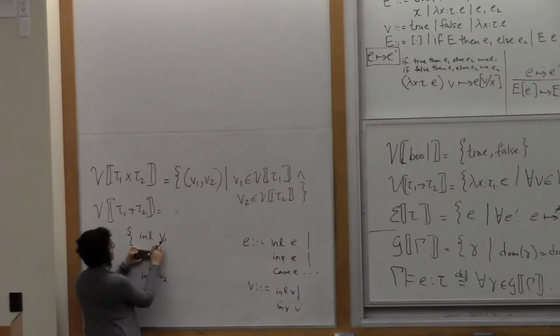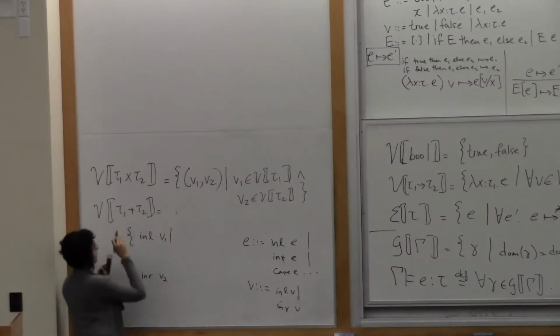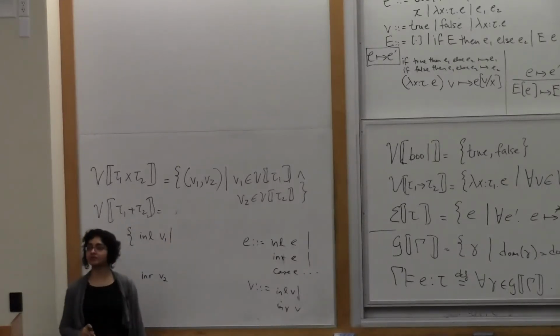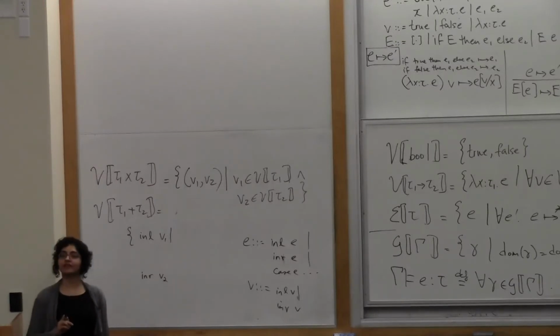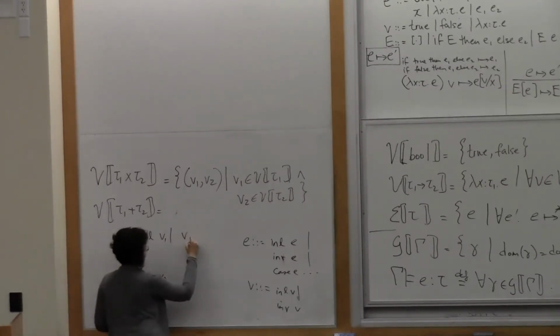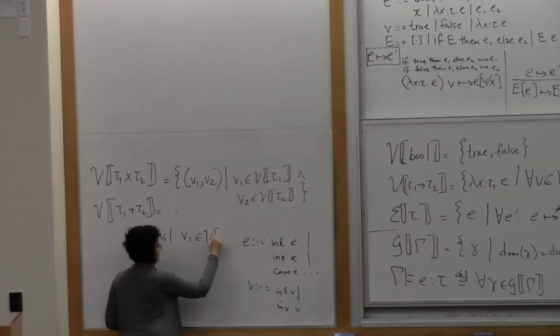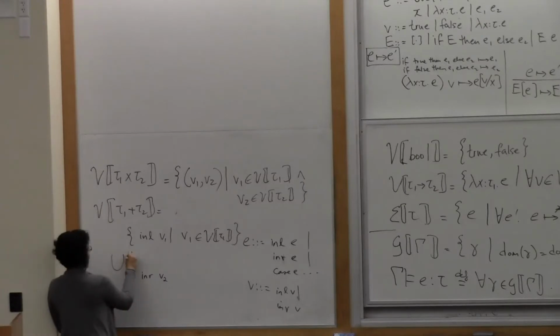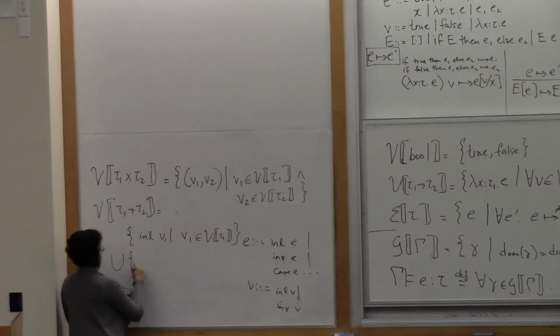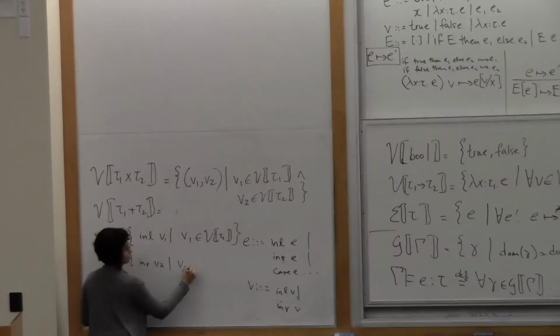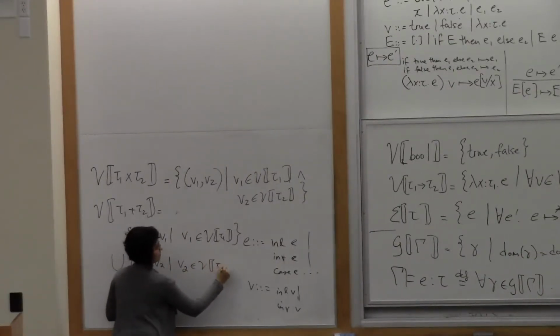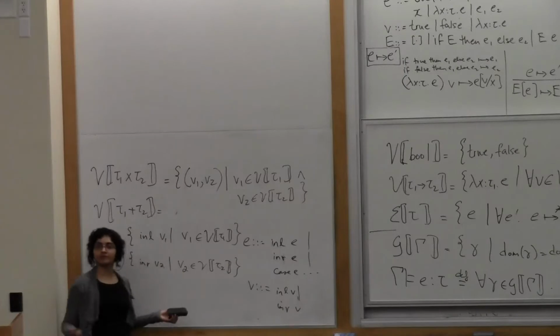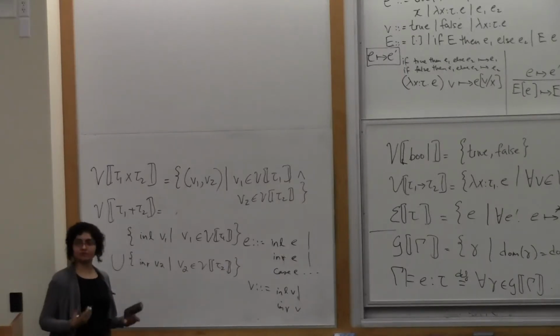So when does in left of V1 behave like it has type tau1 plus tau2? And then we just need to union that with in right V2. So it's quite straightforward.